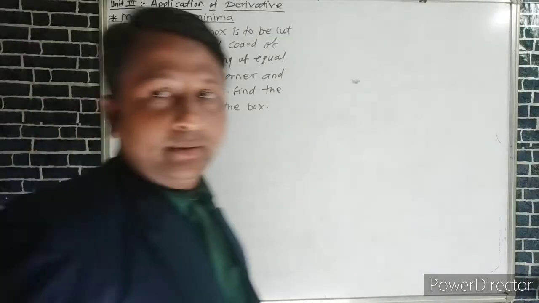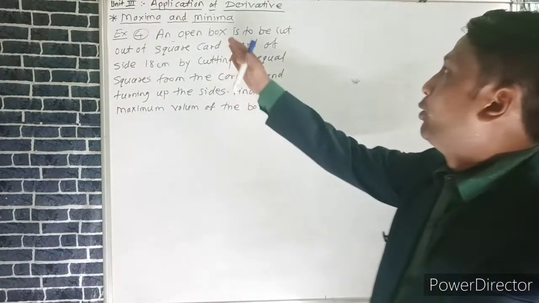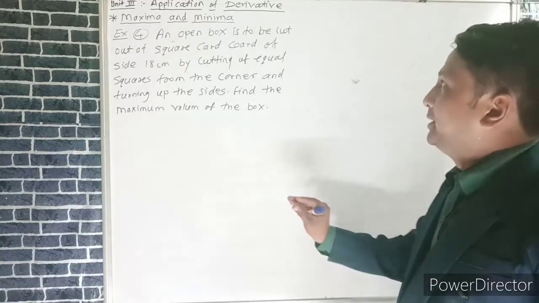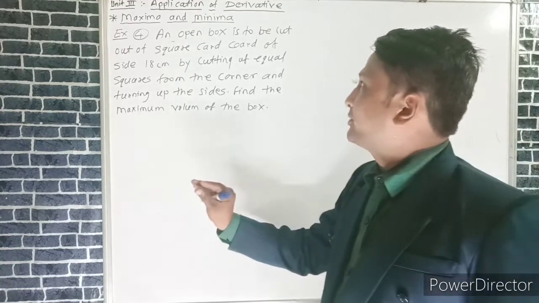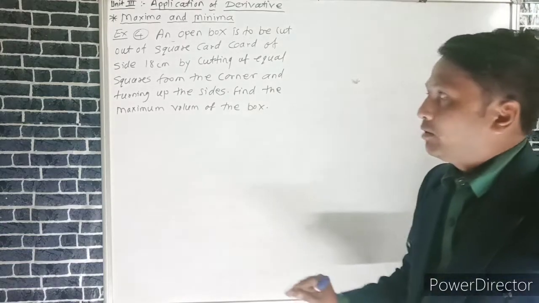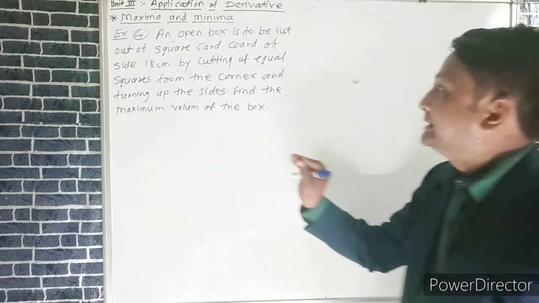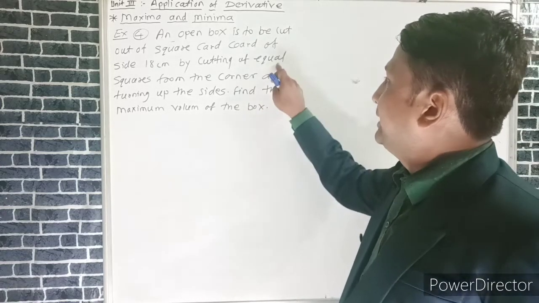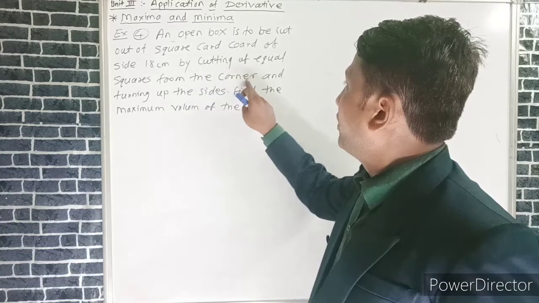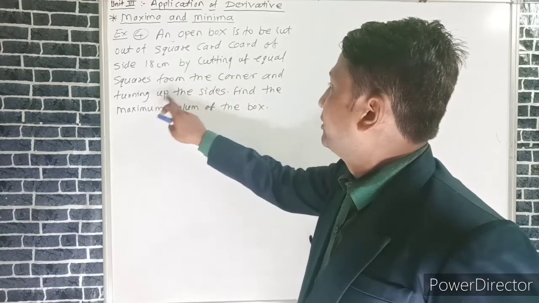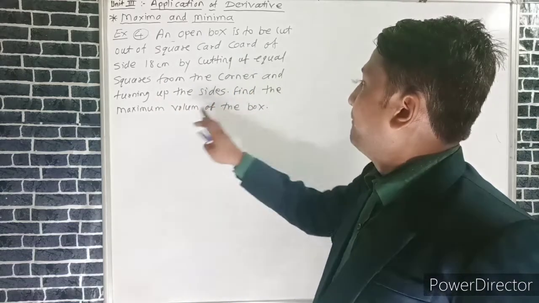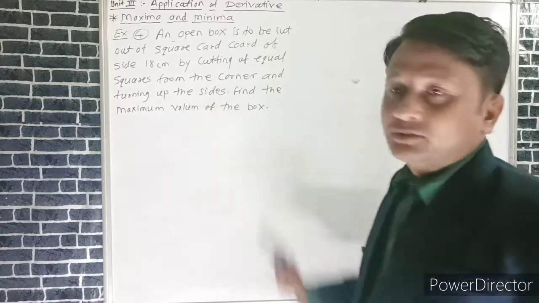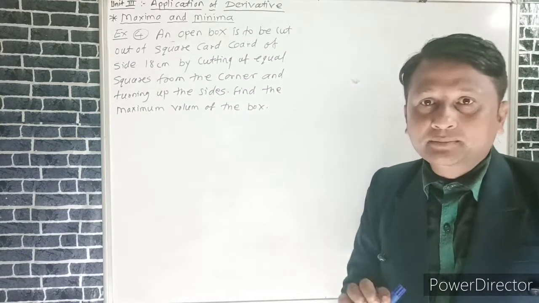So example number 4: an open box is to be cut out of a square cardboard of side 18 centimeter. By cutting equal squares from the corners and turning up the sides, find the maximum volume of the box. Here we have to find the maximum volume of the box.